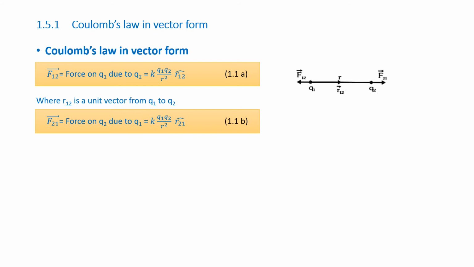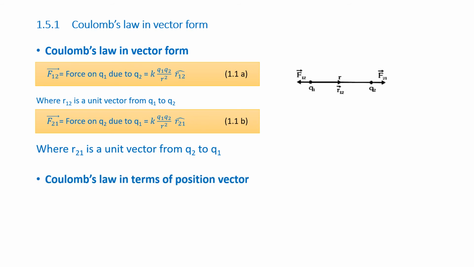R12 hat is a unit vector in the direction Q1 to Q2. Similarly, there is another force F21, which is on charge Q2 due to Q1. That is, F21 is the force on Q2 due to Q1, and its value is k into Q1 Q2 divided by r square into R21 hat, where R21 hat is a unit vector from Q2 to Q1.